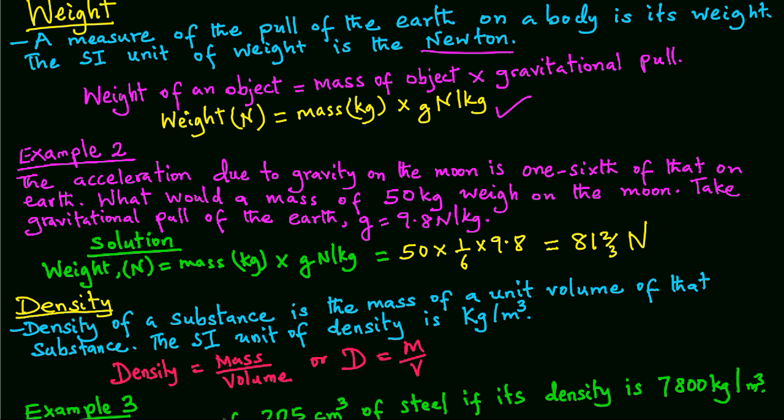In this case, the weight will simply be mass times g, and that would be 50 times the gravitational pull of the moon, which is 1/6 of that of the earth, so that's 1/6 of 9.8. So that gives us a weight of 81 2/3 newtons.